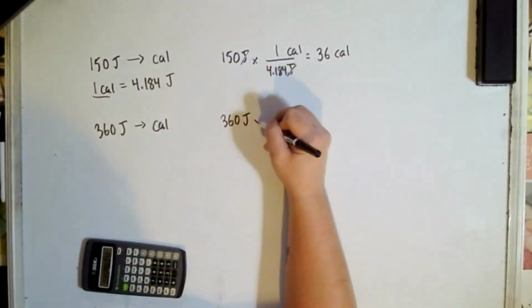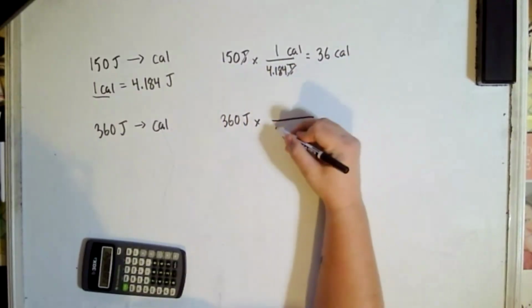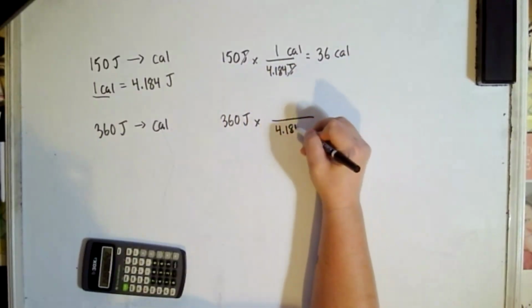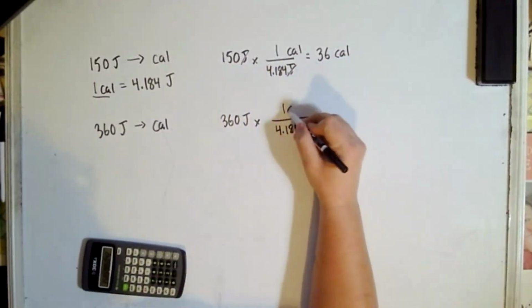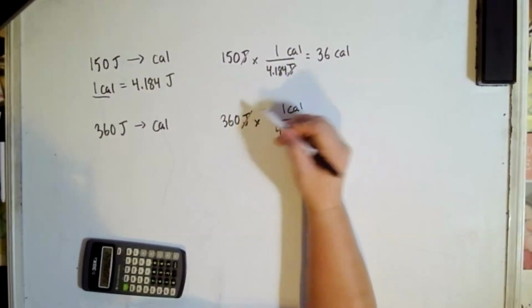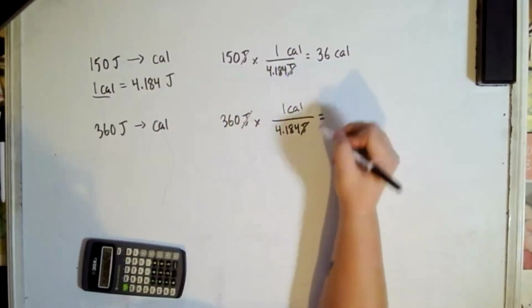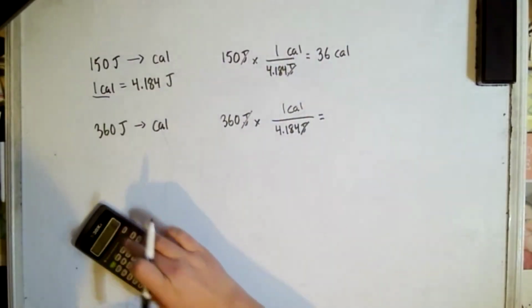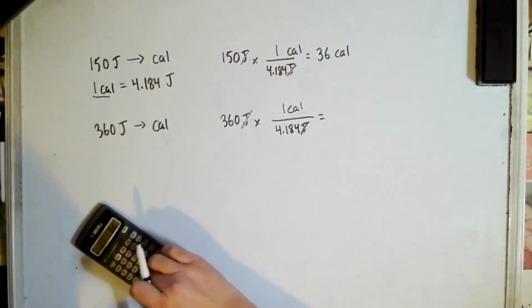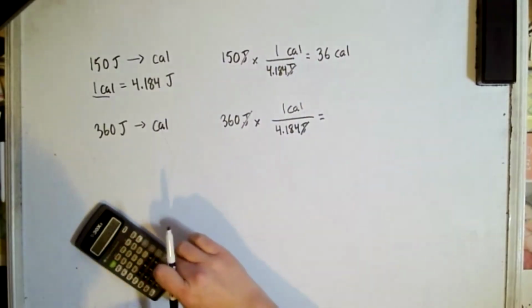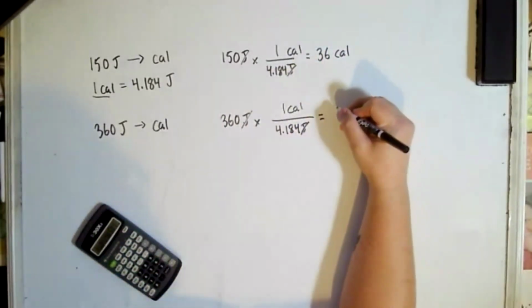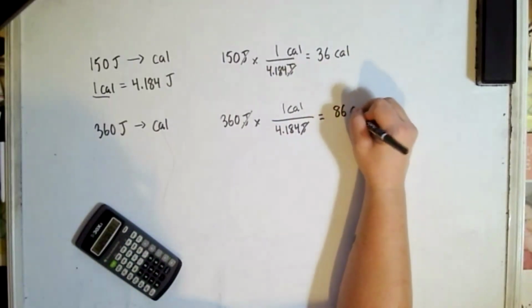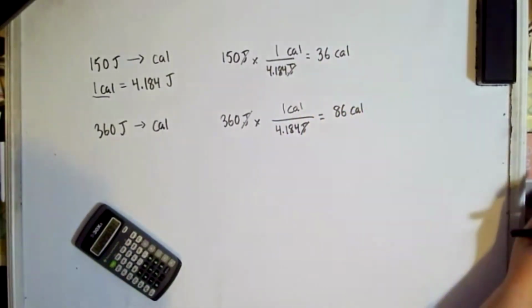If we have 360 joules, we know there are 4.184 joules in every 1 calorie. We want the joules unit on the bottom again so that it can cancel out with the joules unit we were given. And we end up with 86 calories.